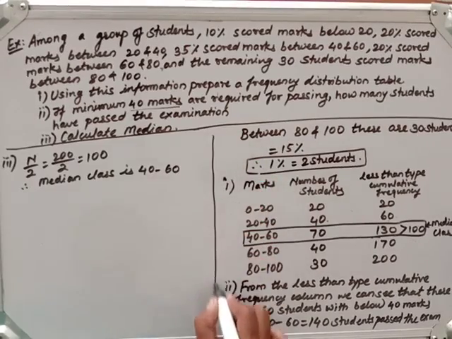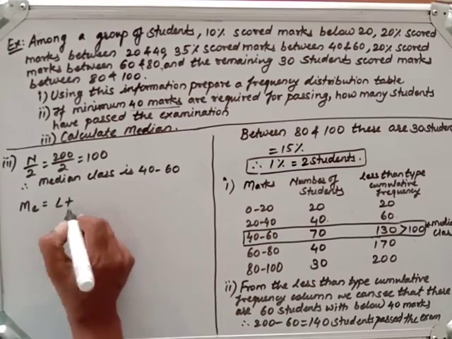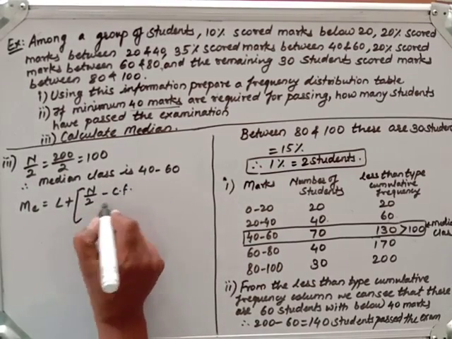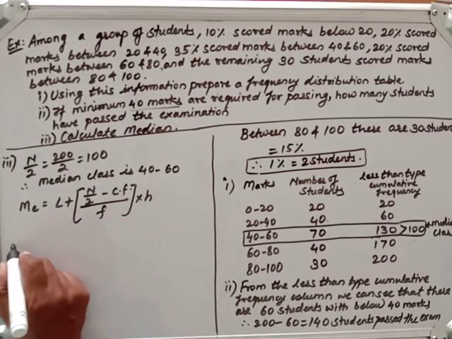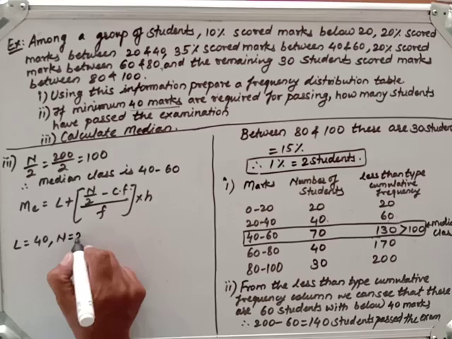Fine. Now let us write the formula. Median equal to L plus n by 2 minus CF upon F into H. So what is L here? Here L is 40. N is 200.